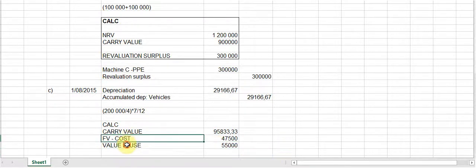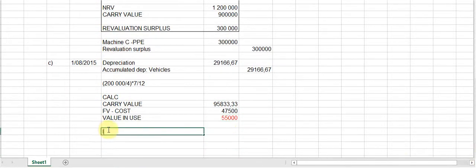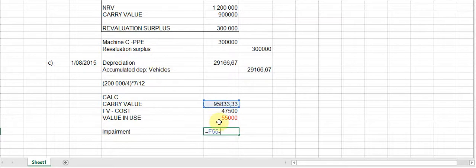Between fair value less cost to sell and value in use, we need to pick the higher value, which is 55,000 Rand. So it's going to be the difference between the current carry value and the higher one of these two. So I need to say the impairment loss is thus the difference between the 95 and the 55, which gives me 40,833 and some odd cents.